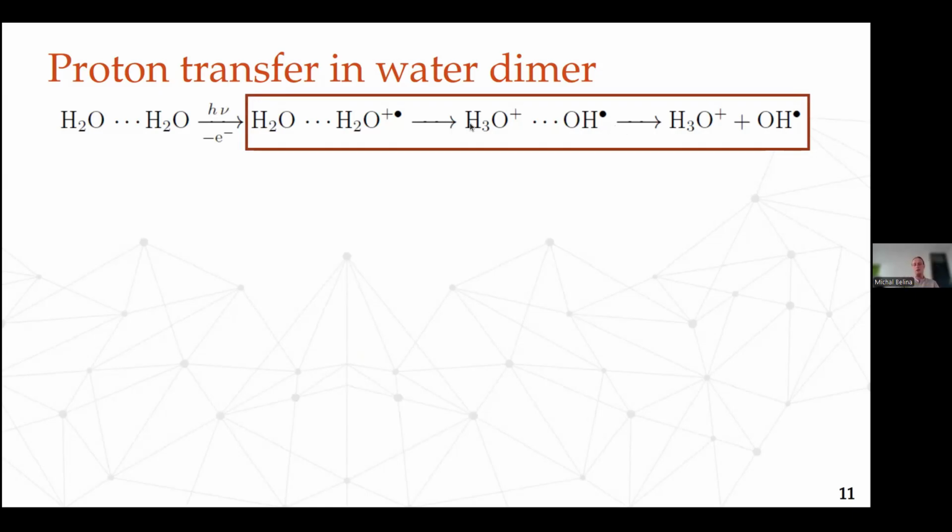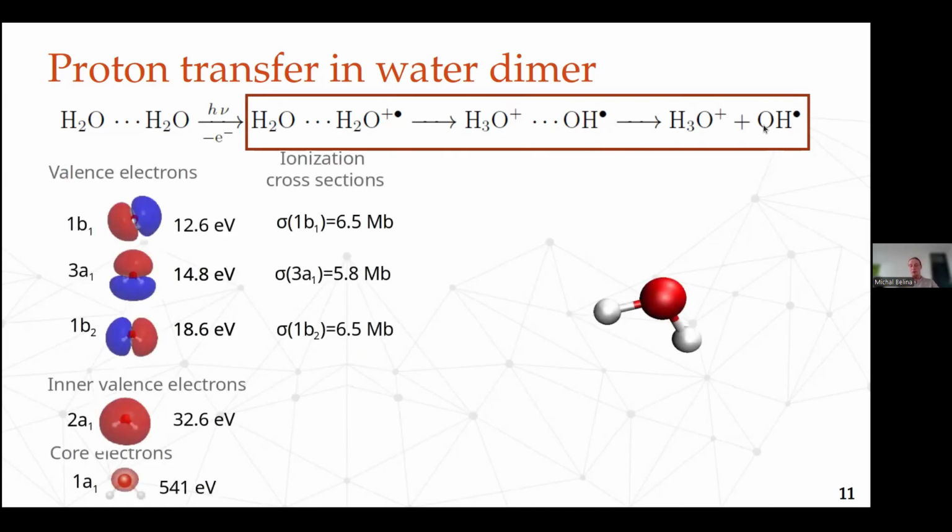And we were interested not only in this first part, how fast the proton transfers, but also in the dynamics of these oxygen species, how they interact with each other. To continue, I need to describe the electronic structure of water, as your listeners are from different fields.